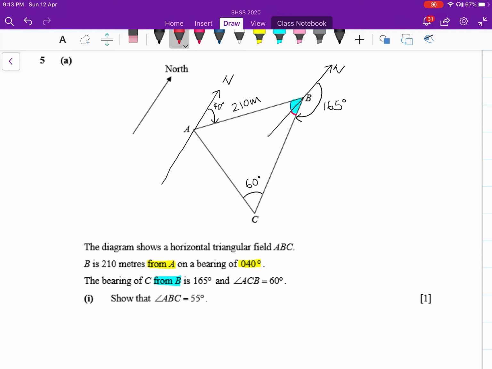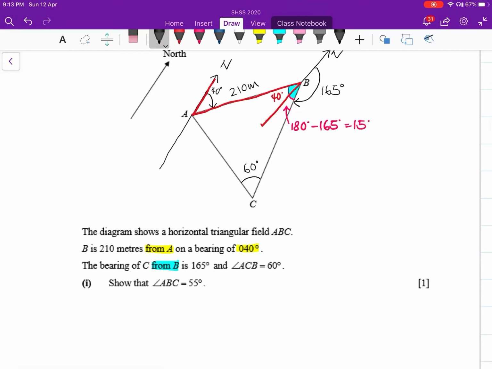If you notice carefully, look at my red line. There are alternate angles over here. Alright, so if that is 40 degrees, this blue part here is also 40 degrees. And the pink color one is actually 180 degrees minus 165 degrees, which is 15 degrees.